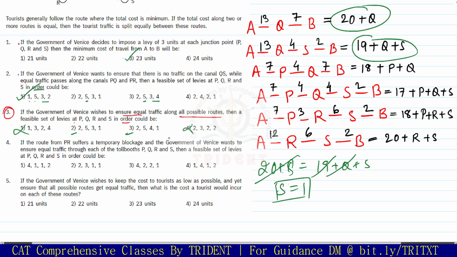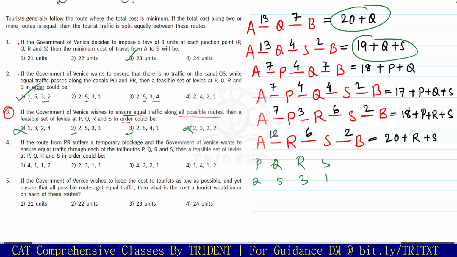Okay, now how can I predict between the 2 and 3 which one will be my answer? At this point it is better to just go along with the option. So just take option number 2 and check for two routes. Here PQR and S are given as 2531.